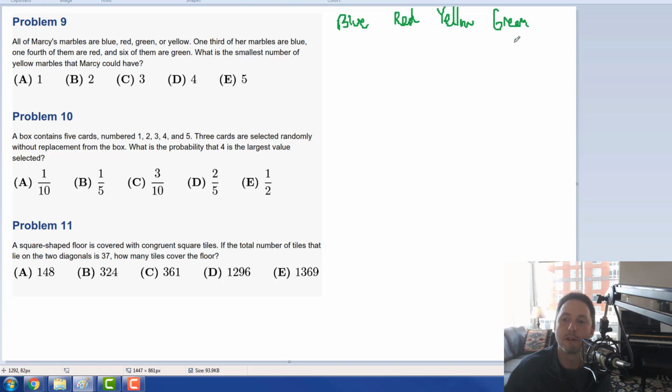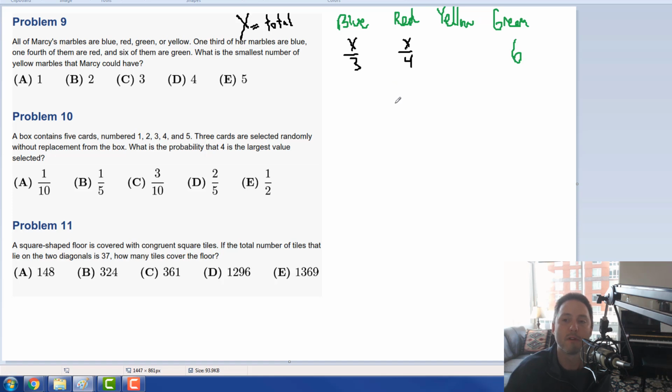So we know 6 are green. Let's say there are X total marbles. So 1/3 of her total, the blue ones, are going to be X over 3. 1/4 are red, X over 4 are red, and we don't know anything about yellow.